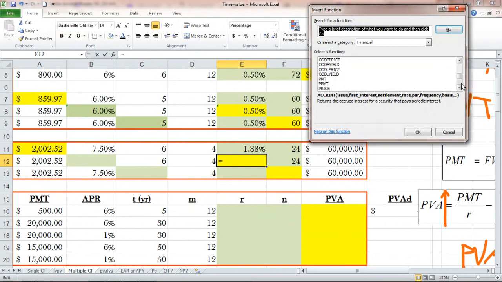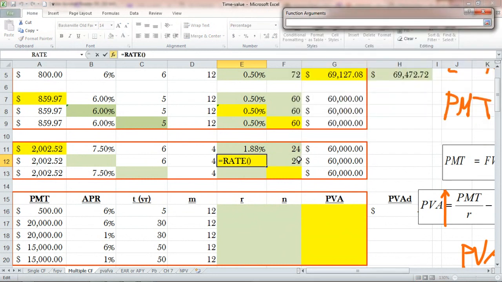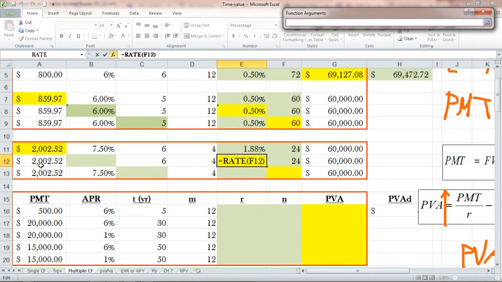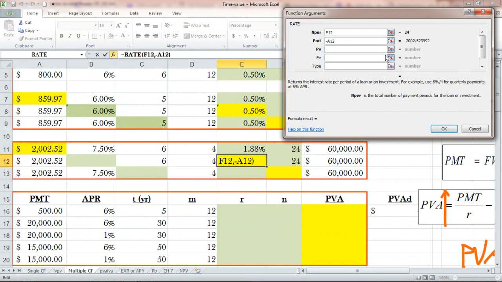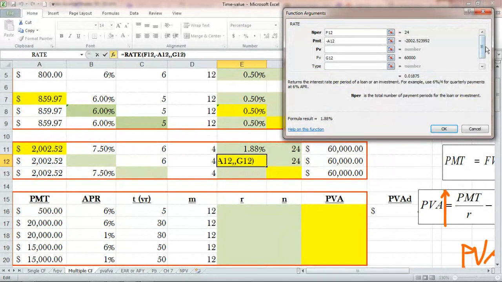And so you go down to find rate. Hit OK. Give it what it's asking for, periods. Payment, which must be entered as negative. Okay. No present value. Future value, our target future value, 60K.